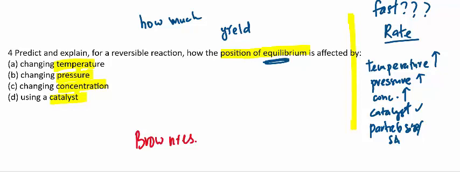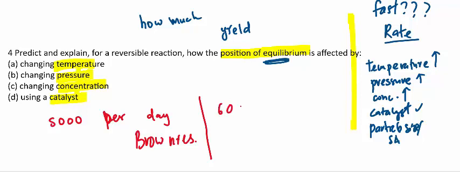Okay, my factory makes brownies. If I make 5,000 brownies per day, the other one makes 60,000 brownies per year.